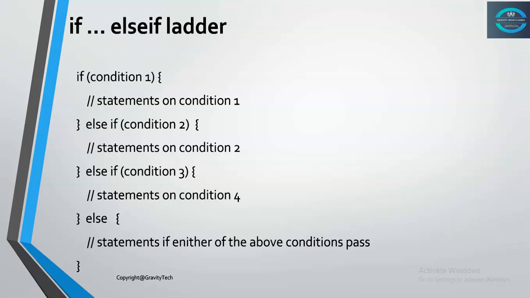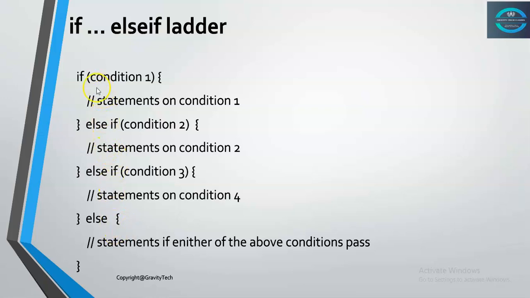Right, now let's look at the if ladder. Now we know that if statements are executed from top down. Now the if ladder helps us to decide from among multiple options.